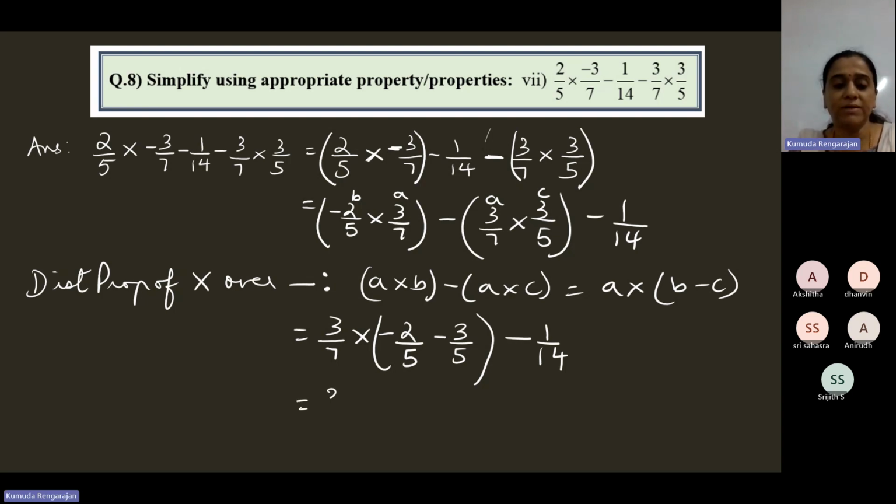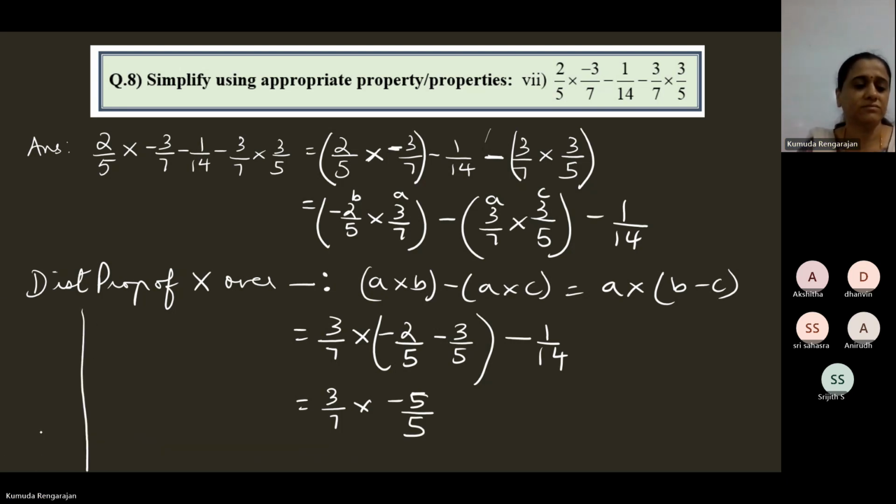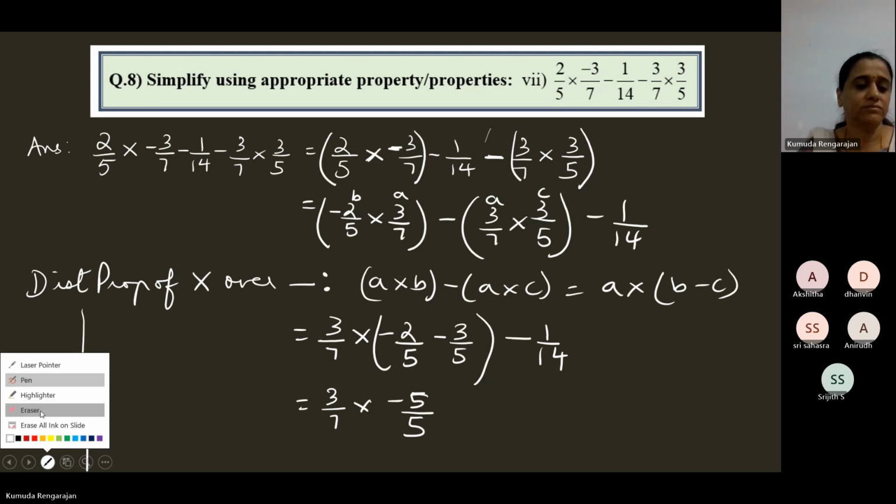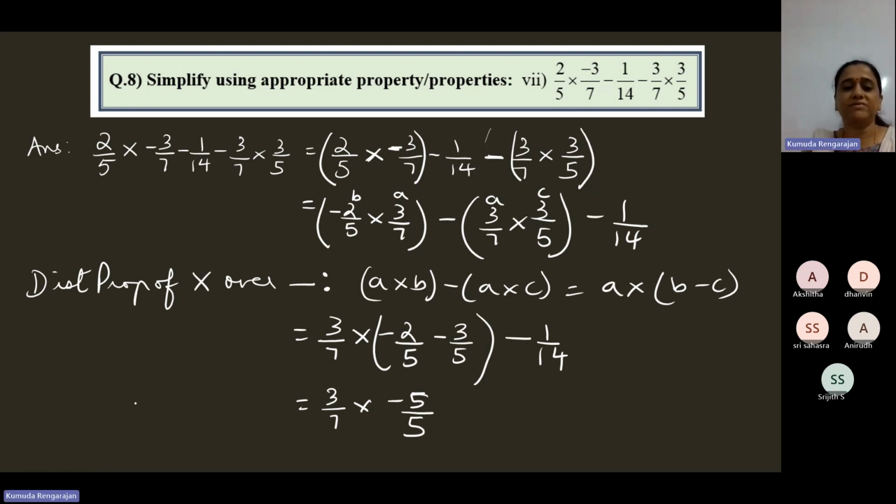Now 3/7 into, now this is subtraction. Inside the bracket is the subtraction. So take the LCM. It's already common, 5. So minus 2, minus 3, minus 5. So minus 5/5 you get. 3 by 7 into minus 5 by 5.